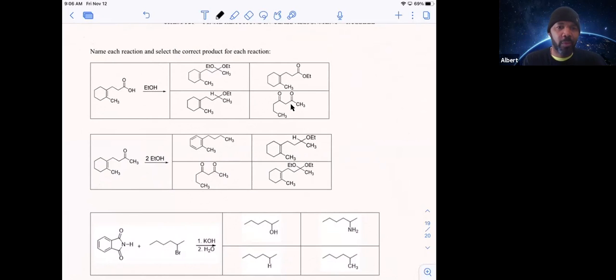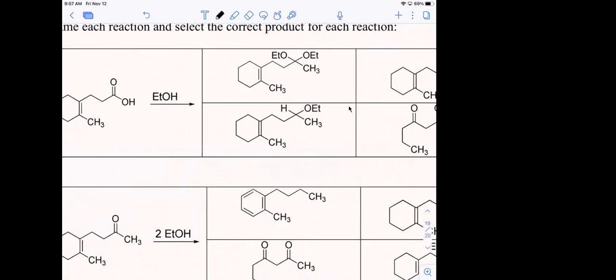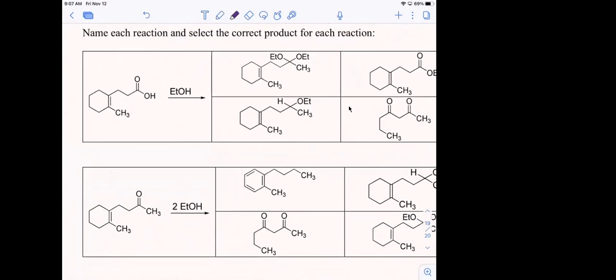Somebody tell me what reaction is that? First of all, what are the reagents and what is the outcome of putting those reagents together? The key to these reactions is knowing your functional groups.